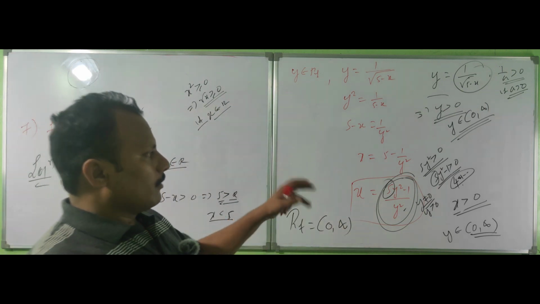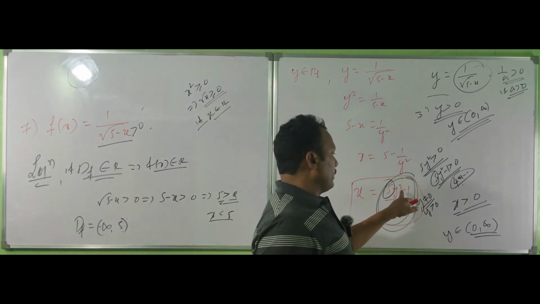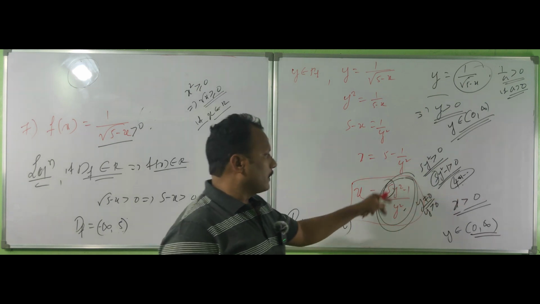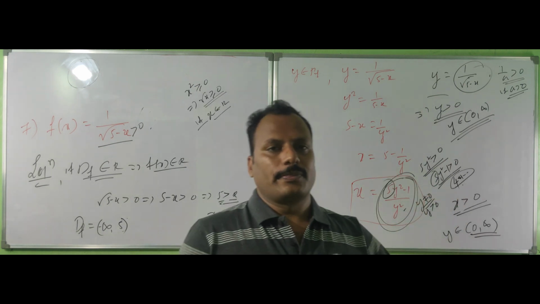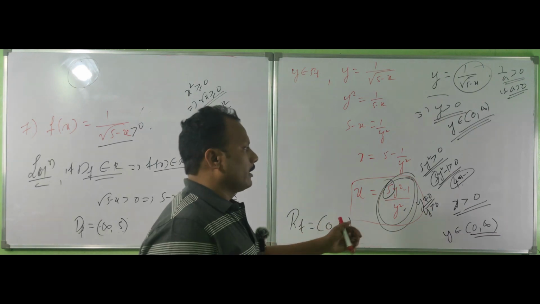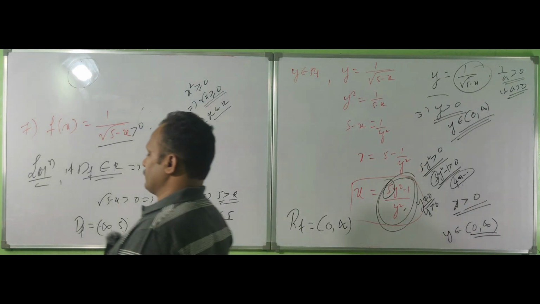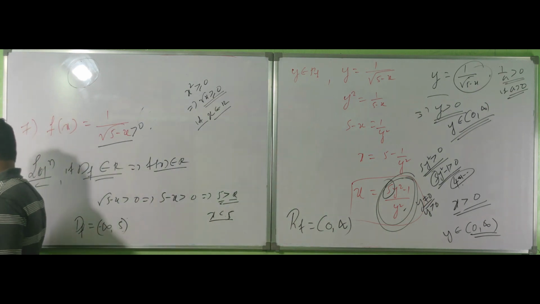For any y less than or equal to 1 also, like 1 by 2, 1 by 3, 1 by 4, we will get the 5 values, and that also equals minus 1 only. We will get only greater than 0, almost all positive values. Instead of telling greater than 0, we will get the positive values.